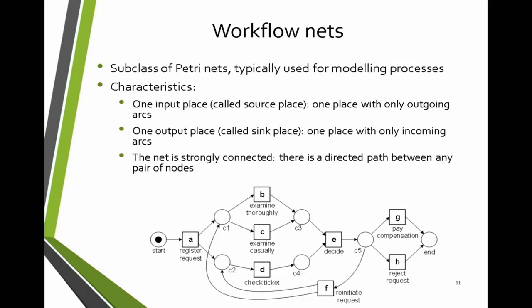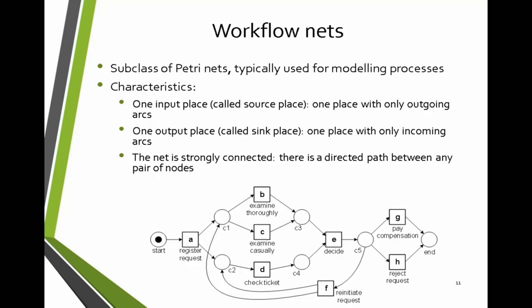It says that the net needs to be strongly connected, right? Strongly connected means that every pair of elements, places or transitions, doesn't matter, should have a directed path in between them.